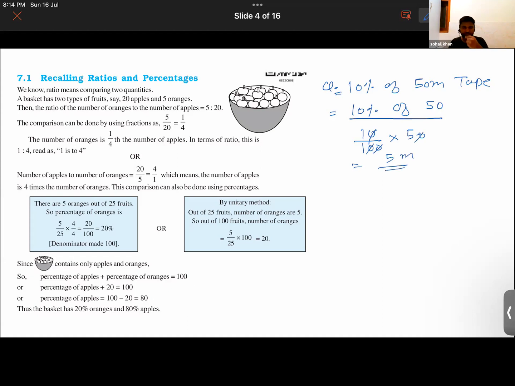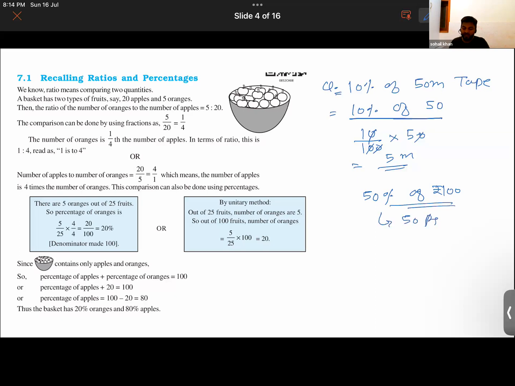Getting it? So if I ask you to give me 10% out of 100 ml water, you will simply give me 10 ml of water. Or if I ask you to give me 50% of 100 rupees, how many rupees will you give me? You will give me 50 rupees.